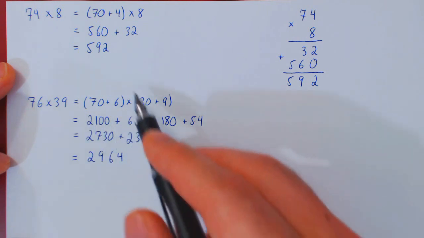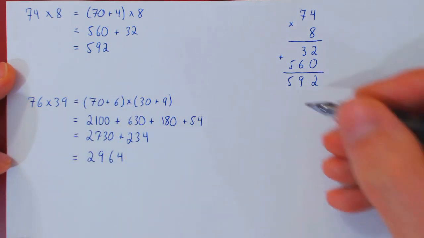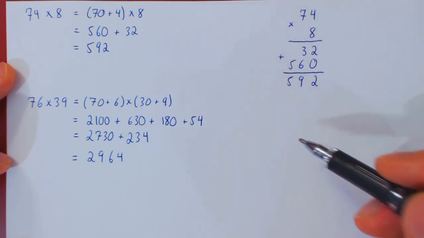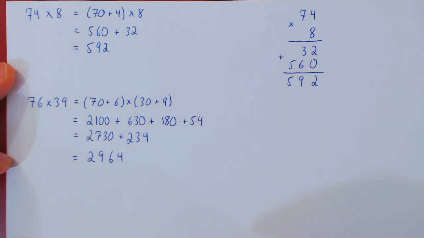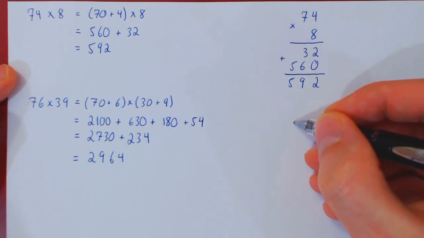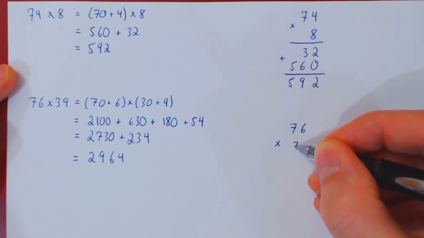Well, let's now perform the same multiplication but using our second solution. And hopefully in this case you will appreciate how much better the second solution is compared to the first solution. So we have 76 times 39.